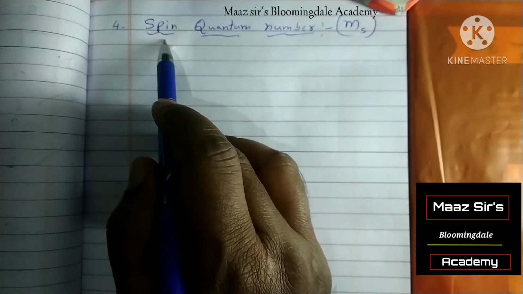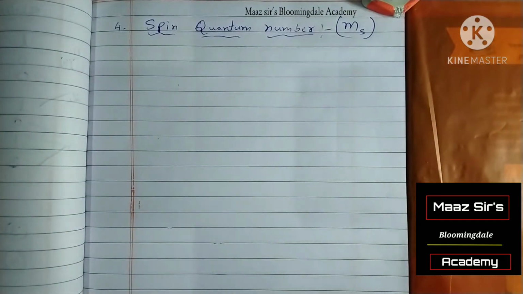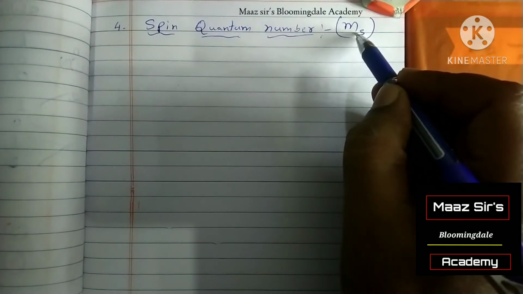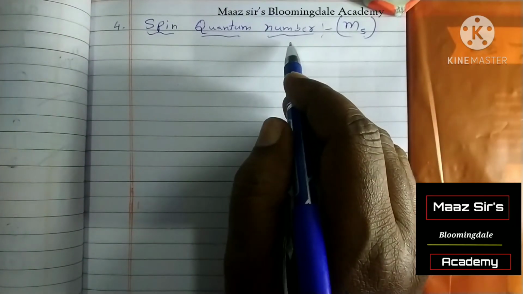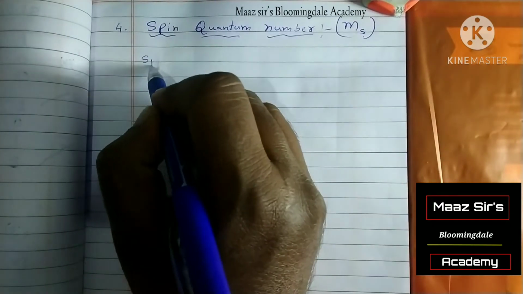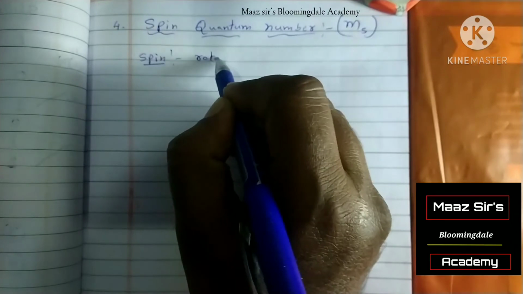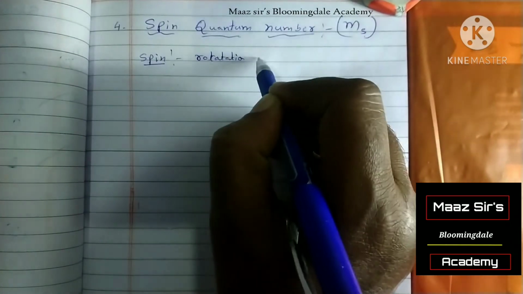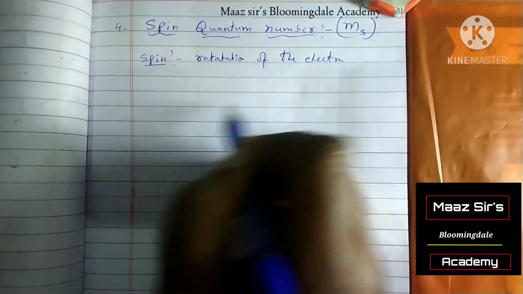The next quantum number is spin quantum number. This spin quantum number is represented by m subscript s. So what does this spin quantum number say? It tells about the spin or rotation of the electron.